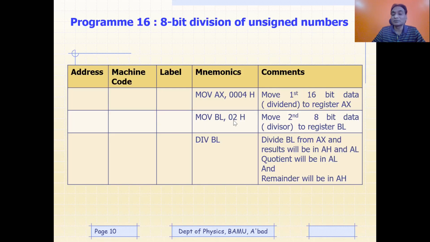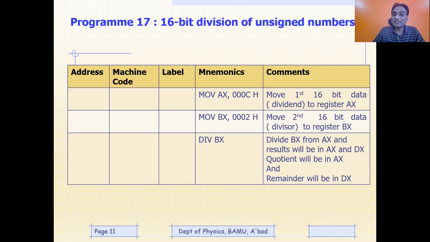Let us say MOV BL, 02. So this divisor will go to register BL. And then the next instruction is very simple, DIV BL. It means the content of AX is going to be divided by BL, and the result is going to be in the form of quotient and remainder. Quotient goes to AL and remainder goes to AH. So these are three different instructions which can be used to write a program for division of 8-bit unsigned numbers.